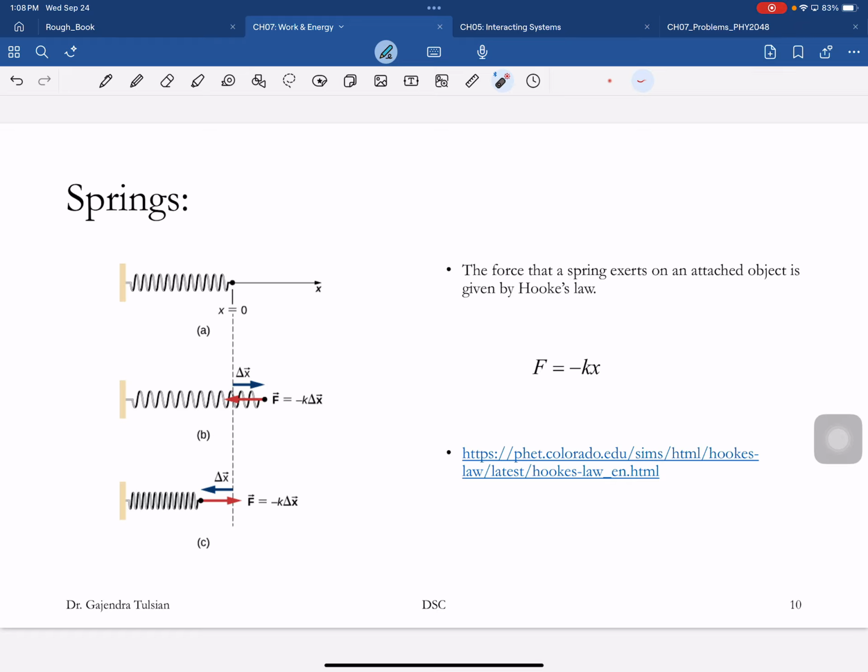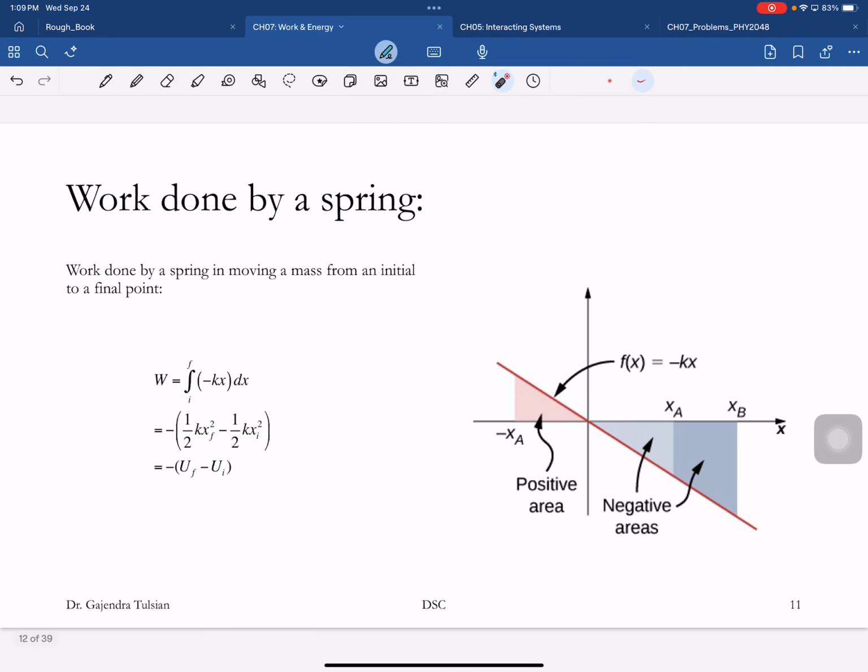When you pull on a guitar string, you change the shape of the string, and the restoring forces are proportional to the displacement. When you jump and land on the ground, your bones deform, and the restoring force is proportional to the deformation. So a lot of things behave in an elastic manner.